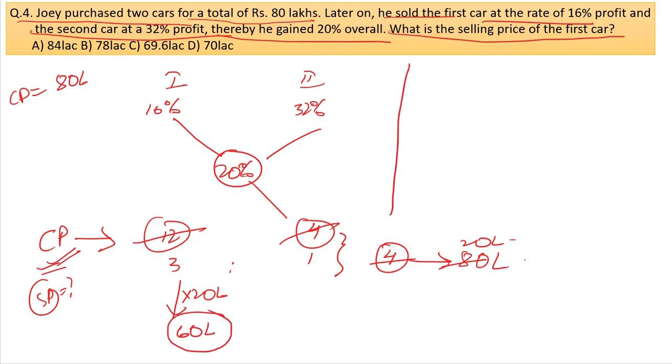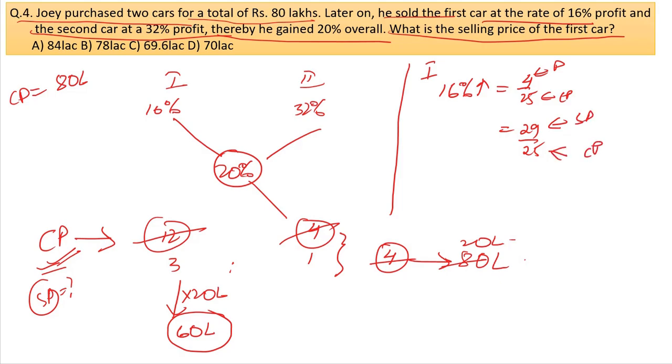So for the first car, according to the question, 16% profit. 16% profit means 4 by 25. This is going to be the profit, and this is going to be the cost price. Therefore, the selling price ratio will be 29 by 25. This is the selling price, and this is the cost price.